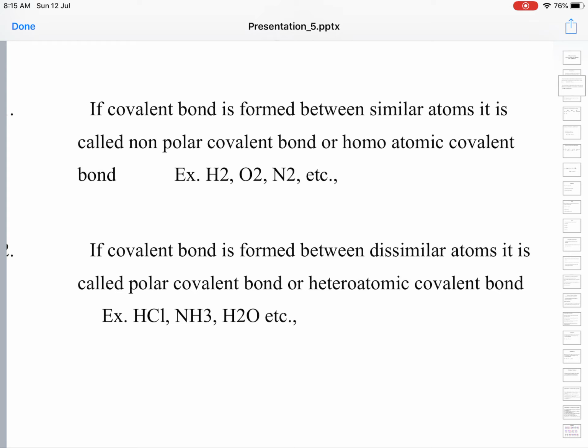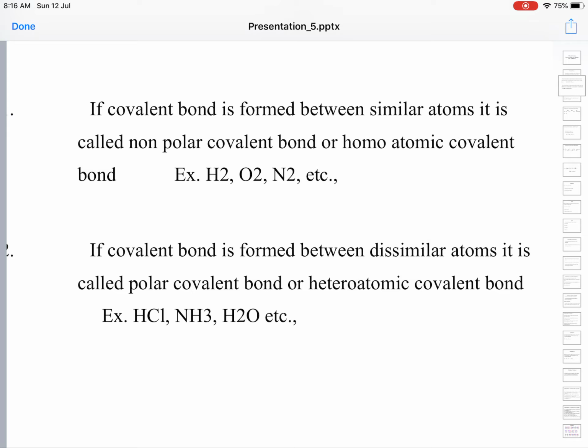So here, depending upon the relative electronegativity of the atoms, the sharing electron pair may be nearer to one atom and away from the other atom, or the pair may spend more time near the nucleus of one atom and less time near the nucleus of another atom. Okay, this leads to polarity in the bond. So such covalent bonds which are formed between dissimilar atoms are called polar covalent bond or heteroatomic covalent bond.